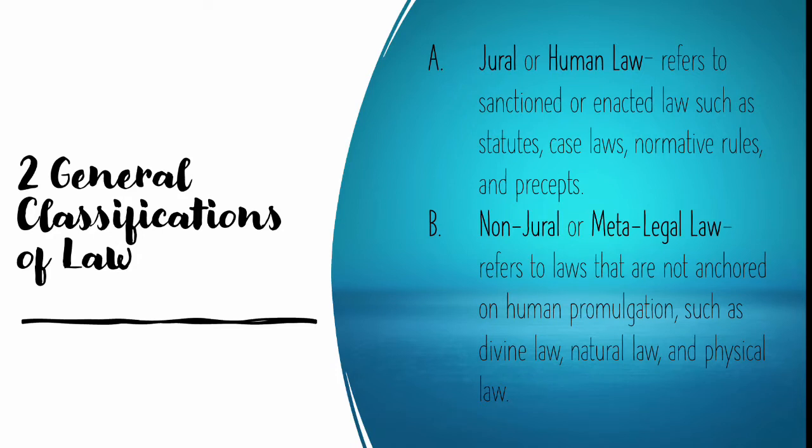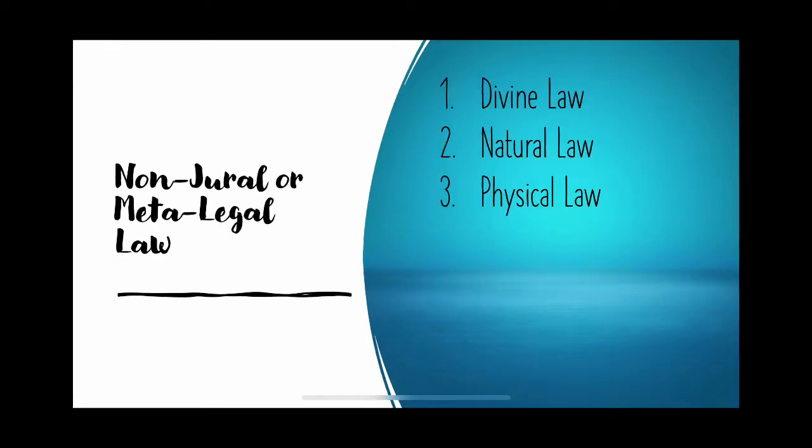Jural or human law refers to sanctioned or enacted law such as statutes, case laws, normative rules, and precepts. Non-jural or meta-legal law refers to laws that are not anchored on human promulgation, such as divine law, natural law, and physical law.